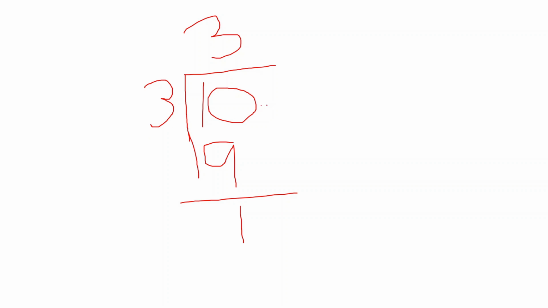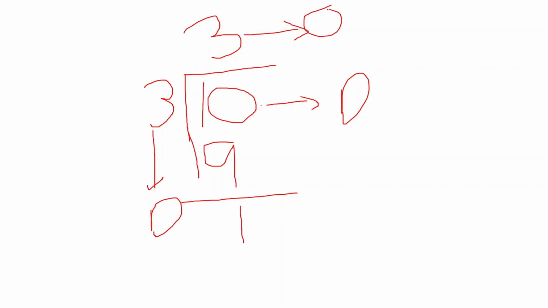Let me show you, wait. So this 10 is the dividend, this 3 is our divisor, this 3 is the quotient, and this 1 will be our remainder. So whenever we have the division operator in Java, we always take the quotient as the answer.